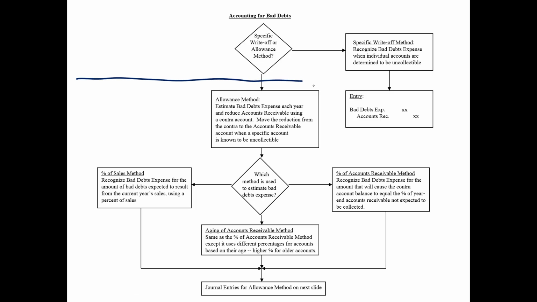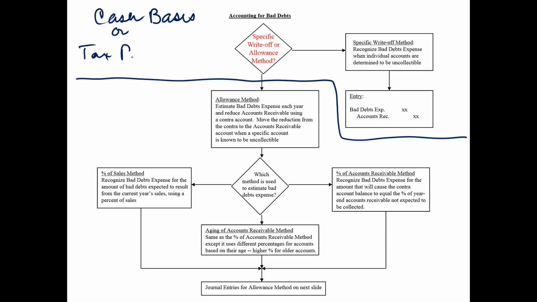If I'm cash basis, or if I'm doing it for tax purposes, we use the specific write-off or the direct write-off method. And notice that we only make this entry when I'm doing the write-off.